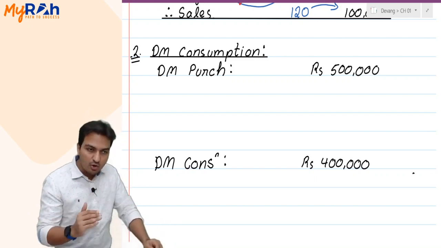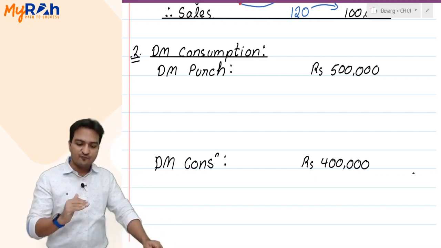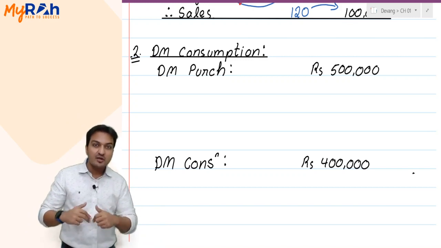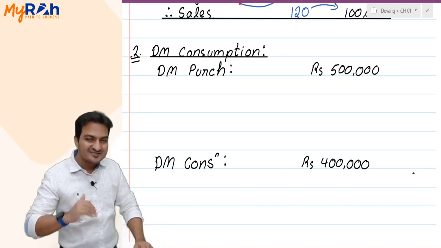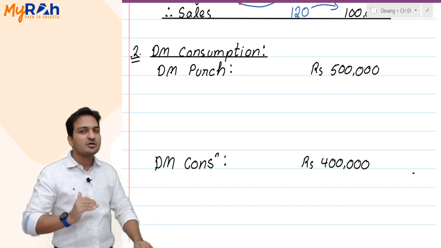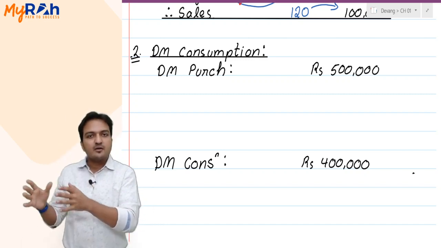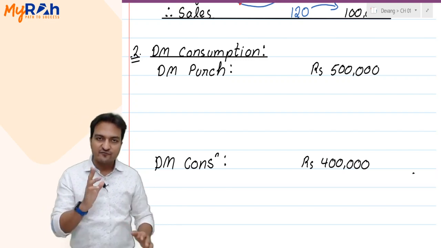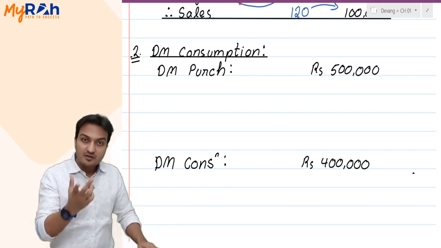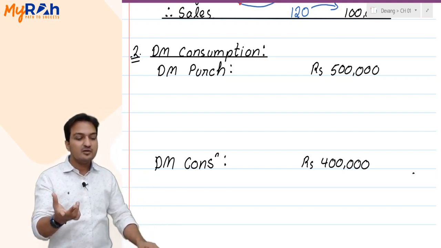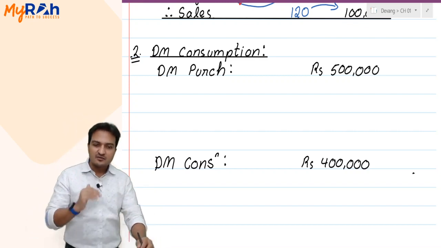Ultimately, in the cost sheet, you will be calculating first the cost of production. From that, you will find the cost of sales, and then last you will reach the cost of sales. Now, to find the cost of production, you will consider only the cost which I have incurred to do the production, only the materials that you have used.